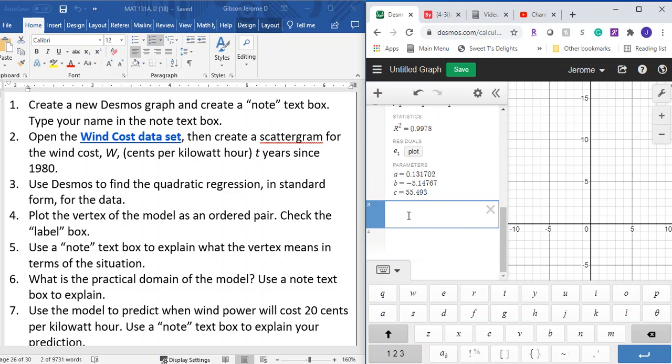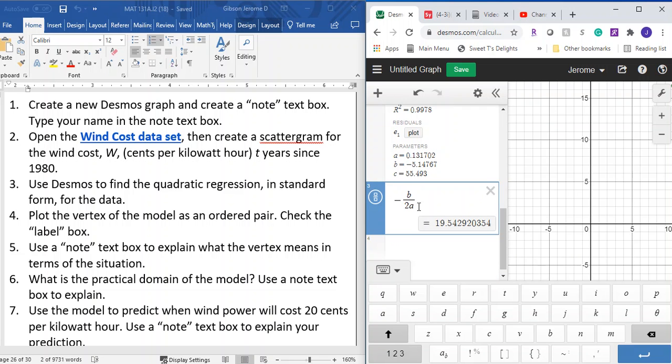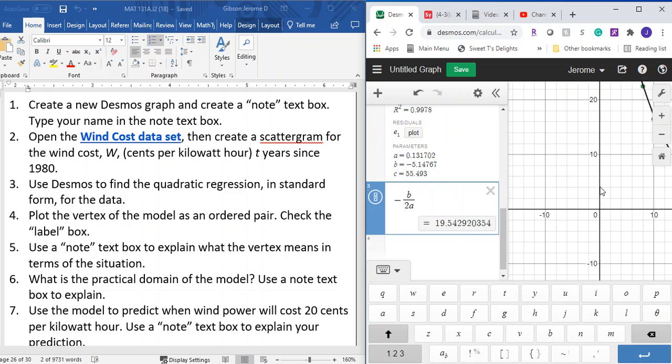So the vertex formula, you're supposed to take the opposite of whatever b is, divided by 2a. And it actually gives you the value here. So this would be your x value of your intercept. And then to find the y value, you will substitute this value in here.